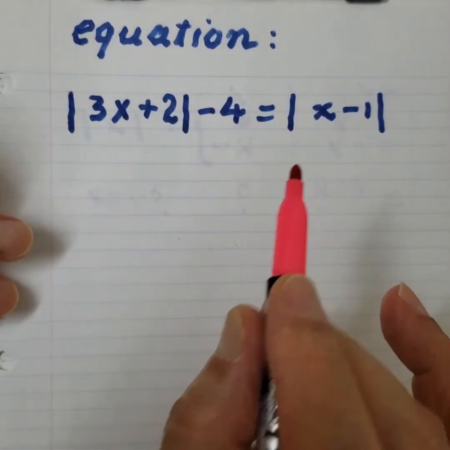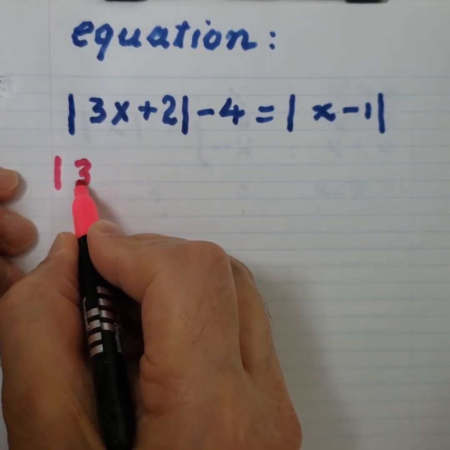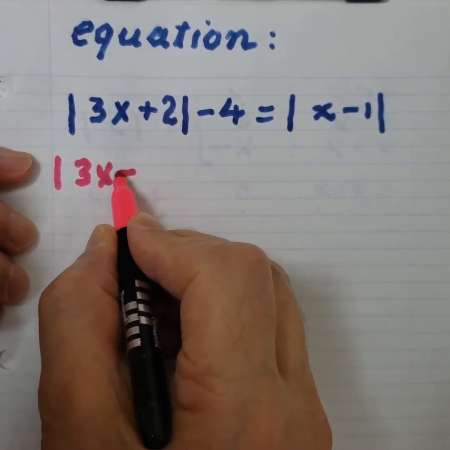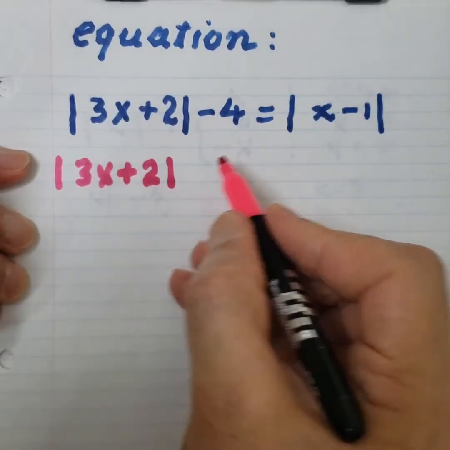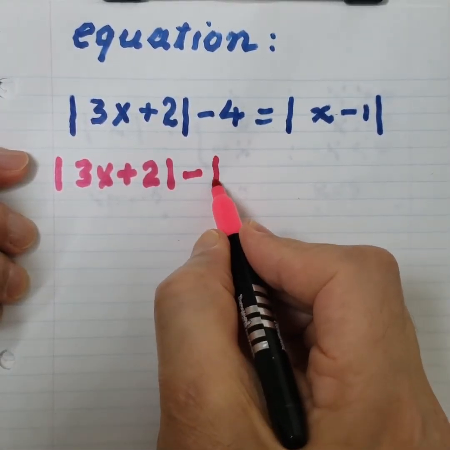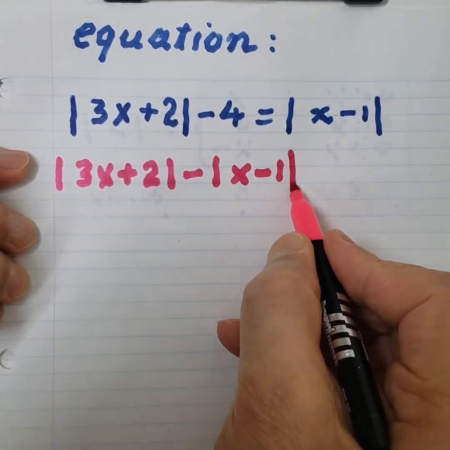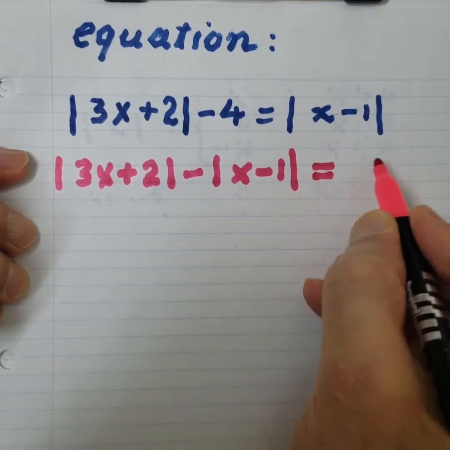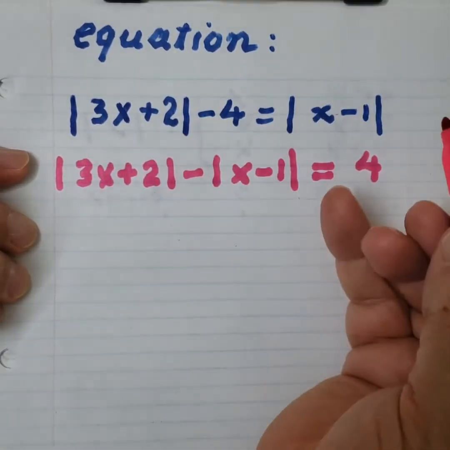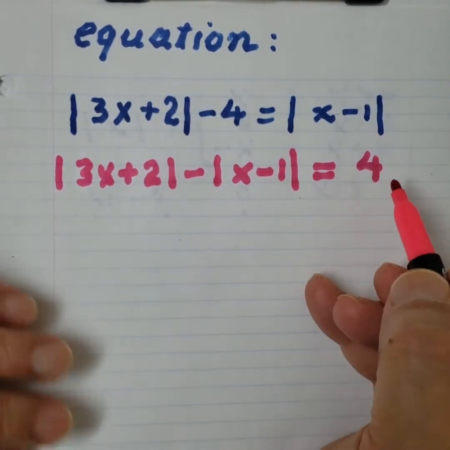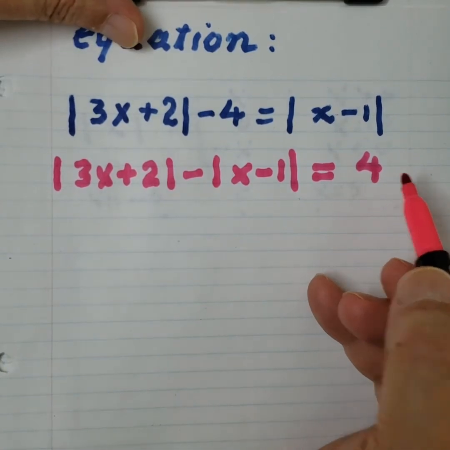So I will rewrite the equation as absolute value of 3x plus 2, and this when it comes to the side will be negative, absolute value of x minus 1 is equal to positive 4, because this was negative. When I move it to the other side, it changes into positive. So this is the new shape of the equation.